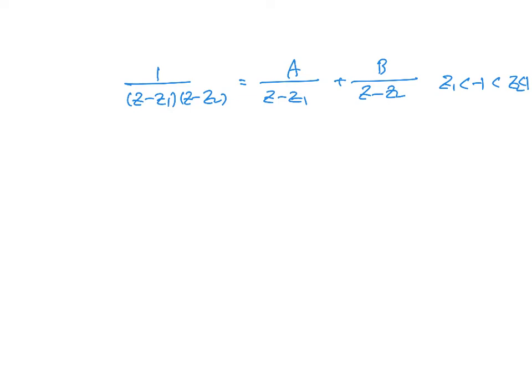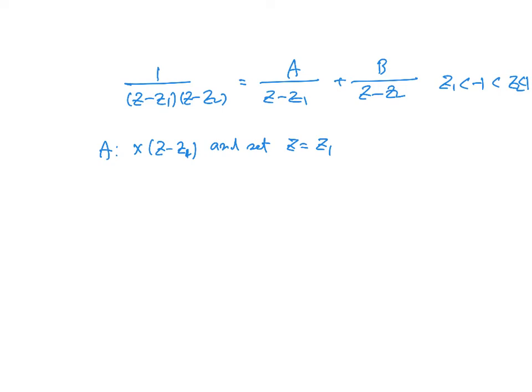So A, you just want to make B disappear. So you multiply Z minus Z2 everywhere and set Z equal to Z1. Then B will disappear, right?